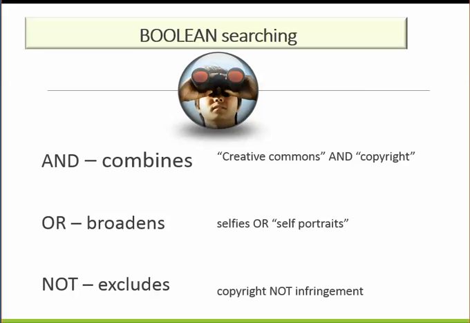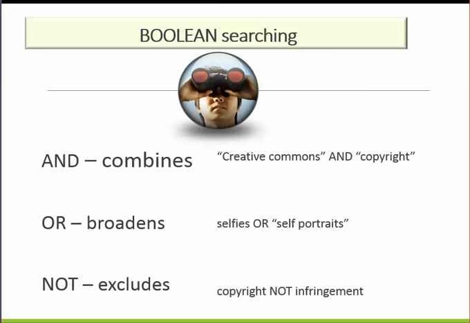So in this instance, the top one, Creative Commons AND copyright, the database search engine would search for articles that have Creative Commons as a phrase and copyright in the title, in the abstract, and next to each other or close to each other in the sentences.